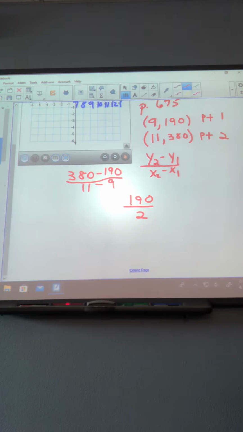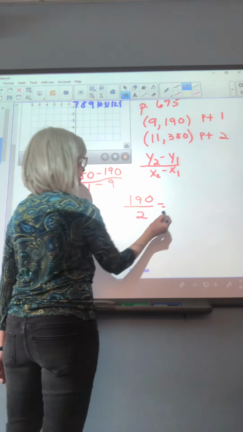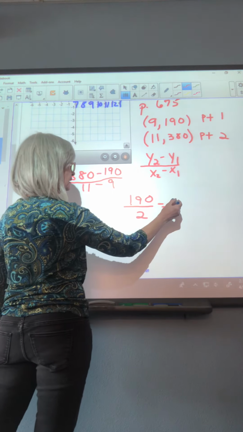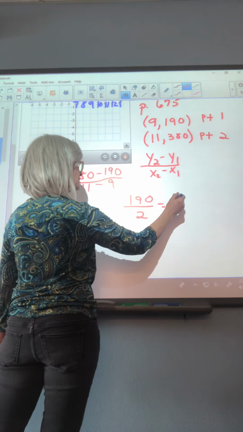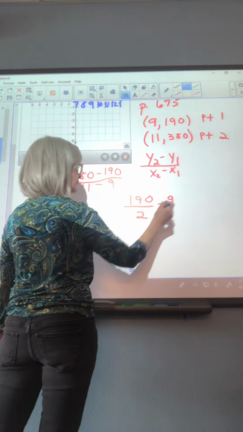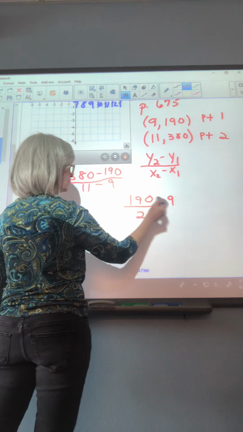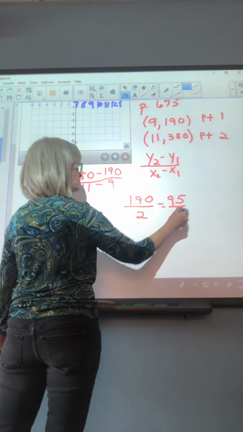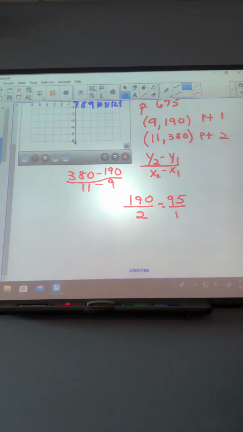So I got 190 over 2, positive slope, which makes sense with our graph, and then 190 divided by 2 to reduce this. Let's see, 2 goes into 19, 9 times. And 2 goes into itself once.